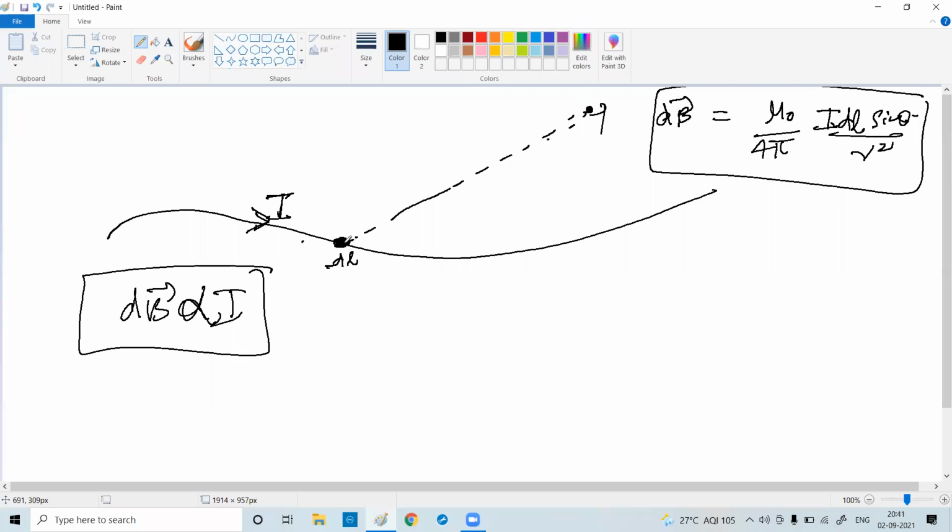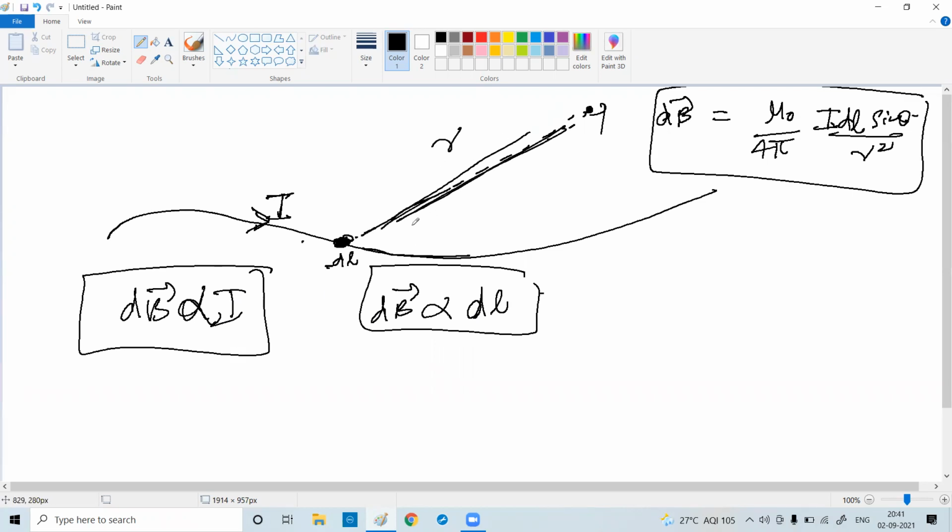The larger the length dl, the larger the magnetic field, so dB is also directly proportional to dl. Agree with me? But what about r squared? What about the distance?